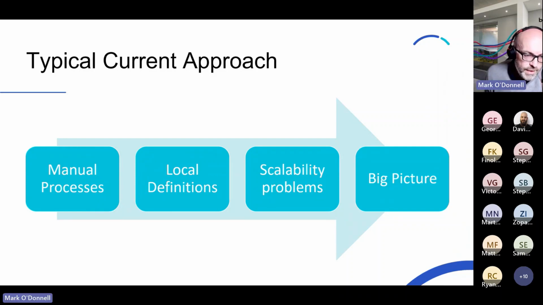Typically what we come across are things like this. So manual processes that involve downloading data, usually to Excel, and then performing some kind of processing on that, which leaves sort of dependencies on individuals, etc. Semi-automated report production. We see local definitions of KPIs and metrics, stuff that's unique to each department or team.